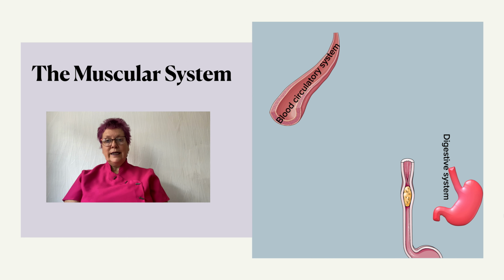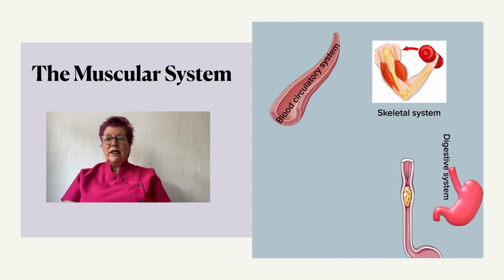Then we have the skeletal system. Without muscles attaching to our bones, we would simply be a pile of bones on the floor. We need muscles to hold us upright, to maintain posture, and to produce heat. Now, muscles attach to our bones, to our skeleton, by way of tendons.